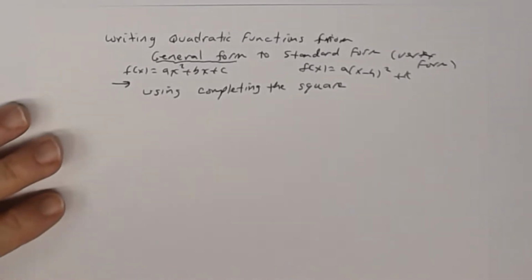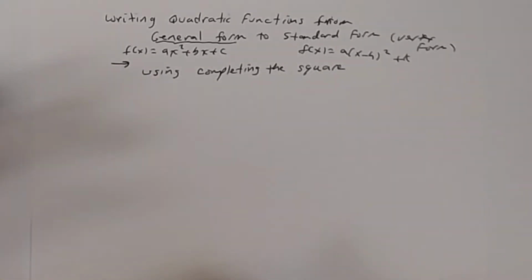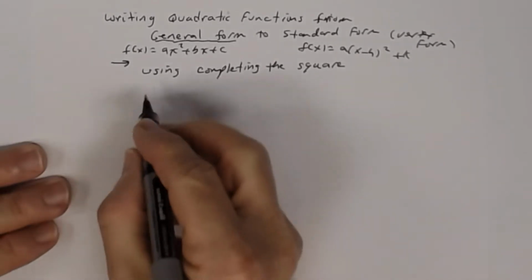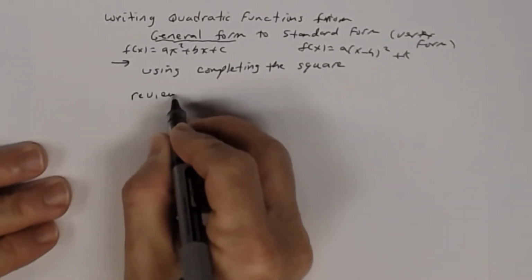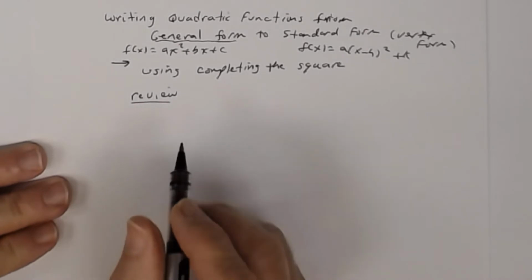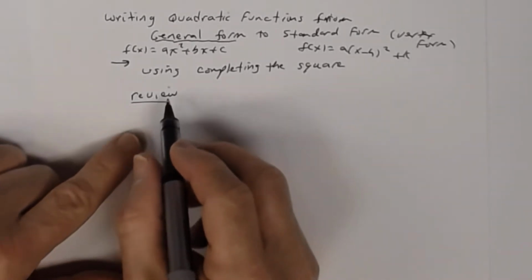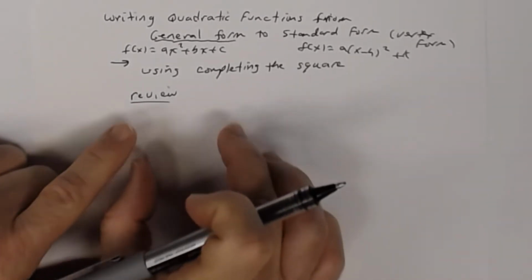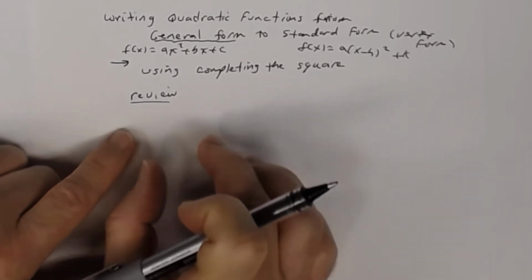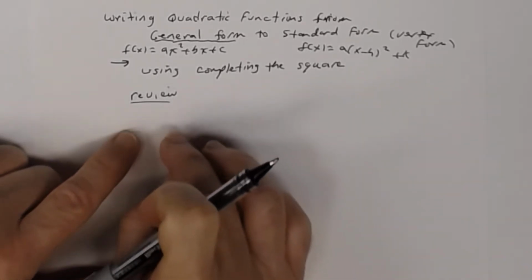All right, now remember you used the idea of completing the square once before, and you did that with circles. So let's review an example. Remember the general form for the equation of a circle looks something like this, and here's an example of a circle that's written in general form.